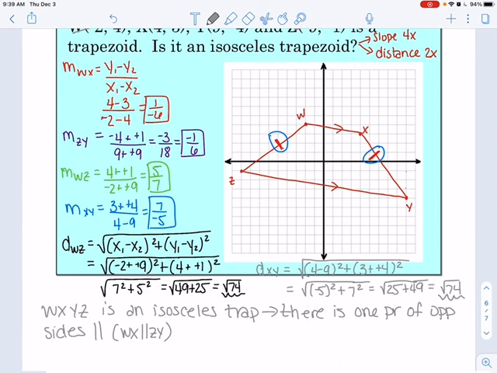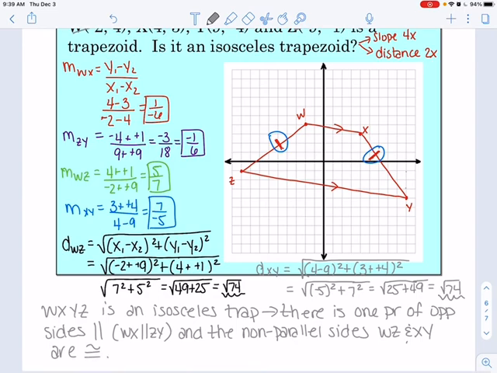Okay, and the non-parallel sides WZ and XY are congruent. Okay, and we're finally done.